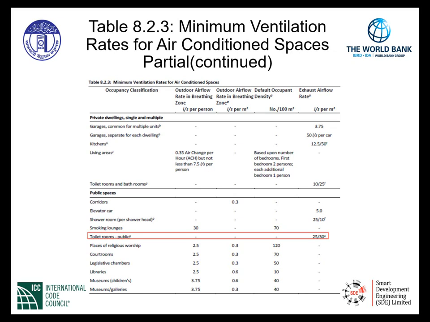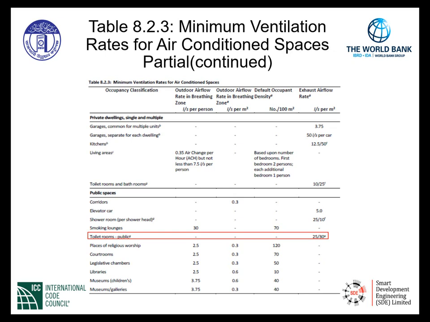if you go to the very last column, the exhaust airflow rate column, there is another note after the values that you see in that particular column. Now, the toilet rooms have a note E after the 30 liter per second requirement. That E is an indicator that the rates are per water closet or urinal.